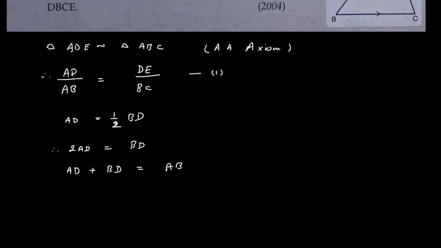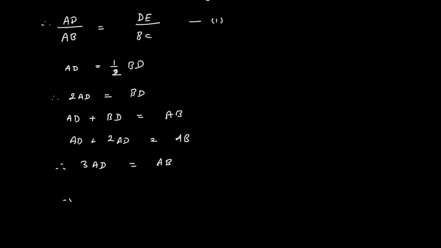So in place of BD I will write 2 AD. So AD plus 2 AD is equal to AB. Therefore 3 AD is equal to AB. So AD upon AB will be equal to 1 divided by 3. This is equation 2.